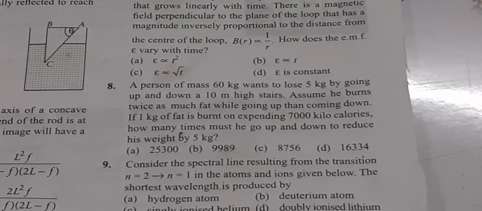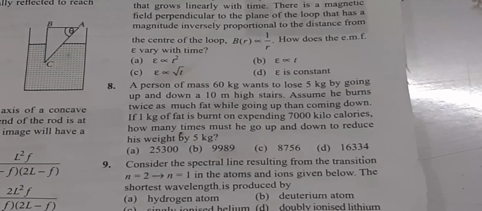Here the important points are a 10-meter high stair, and the man has a mass of 60 kg and wants to lose 5 kg. I mean he wants to be a 55 kg man. Now assume he burns twice as much fat while going up. When he is going up, he will lose double the calories compared to coming down.